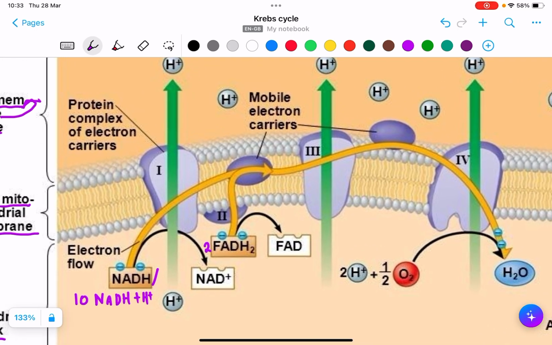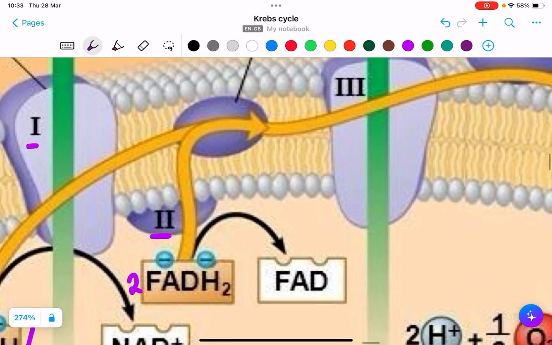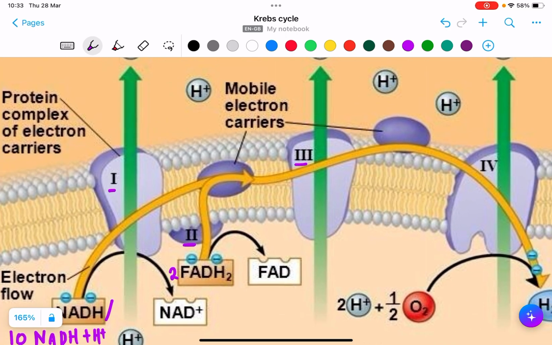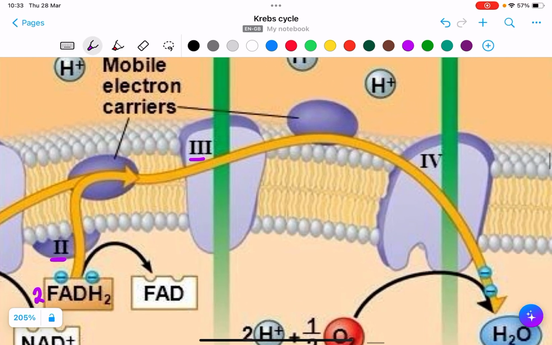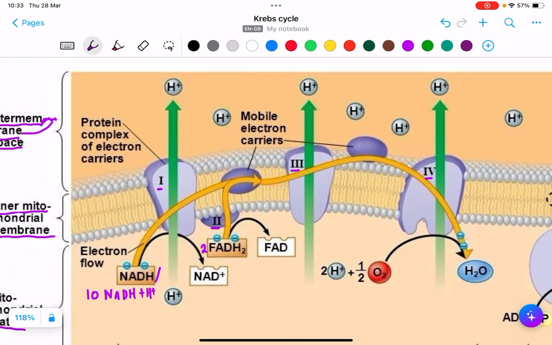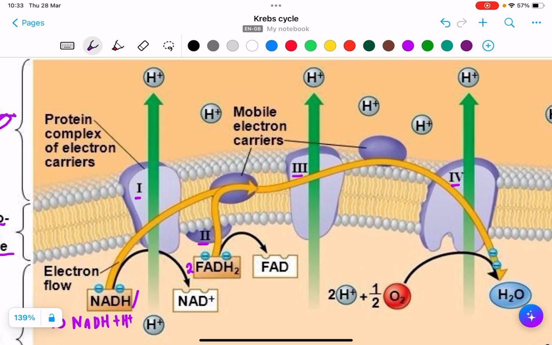The structures that are going to be used are complex 1, complex 2, a bit smaller, and then complex 3, and also complex 4. And then there are some mobile electron carriers.